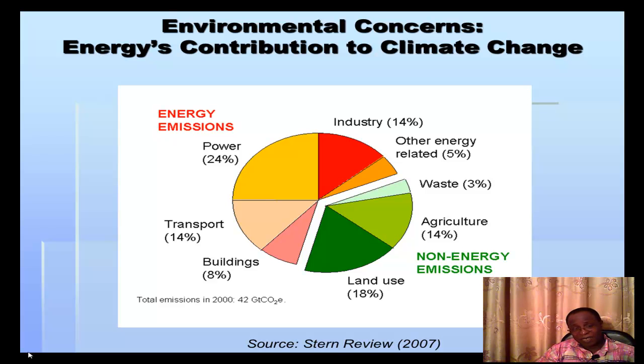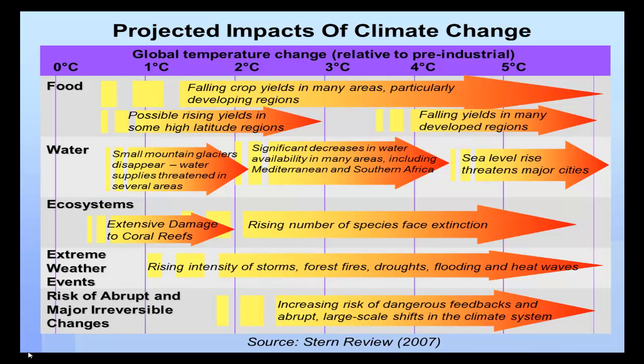And then the non-energy emissions, basically land use changes, agriculture, waste, account for some 35% or so. So something like 65% is really coming from energy related emissions, and that's really a source of concern, and that's why the environmental driver is becoming stronger and stronger over time. And if you couple that with employment and also with energy security considerations, then you see why renewable energy is becoming a hot issue as time goes on.